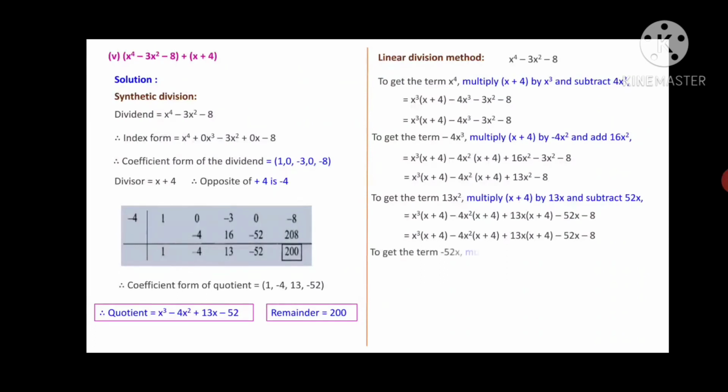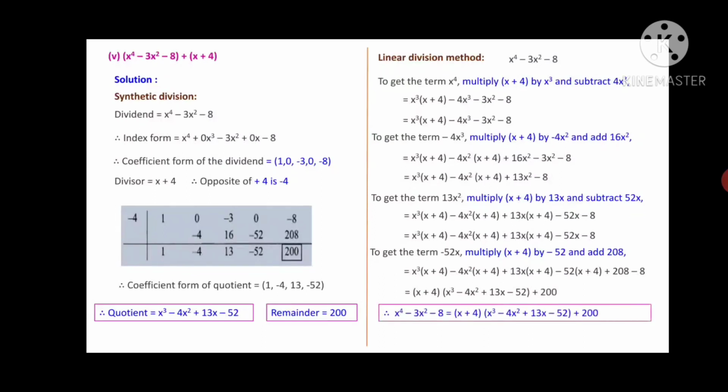Friends, in order to get this −52x, multiply x + 4 by −52: 13x(x + 4) − 52(x + 4) + 208 − 8. Friends, x + 4 is common and could be taken out. So (x³ − 4x² + 13x − 52) is there, plus 200 you have to write.